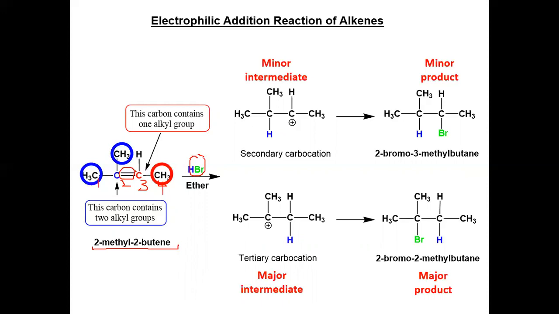According to Markovnikov's rule, will H go to carbon 2 or carbon 3? It will go to carbon 3, because hydrogen goes to the carbon with more hydrogen. If you can see here, carbon 2 has no hydrogen directly attached, whereas carbon 3 has one hydrogen attached directly. And your Br will go here.